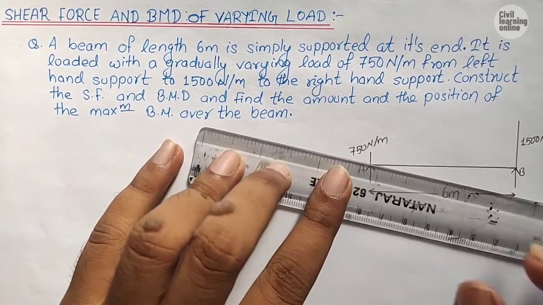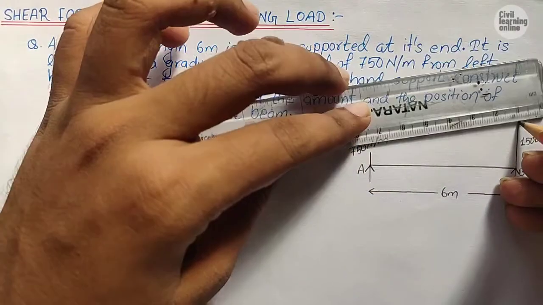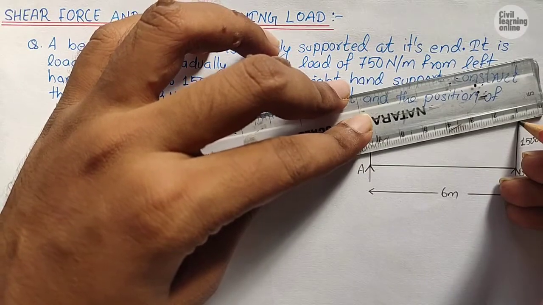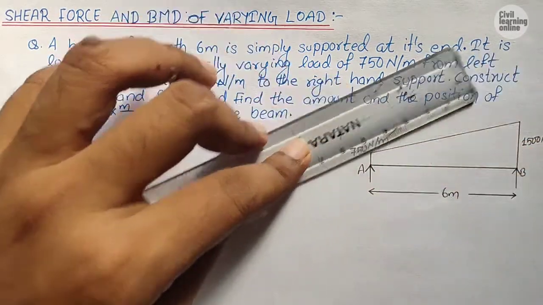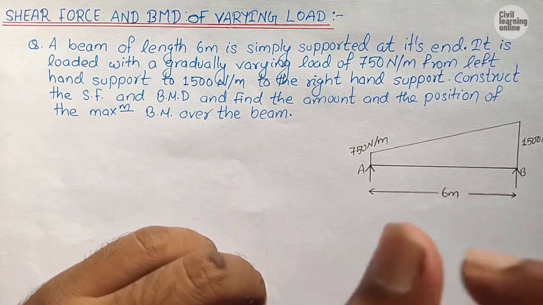Now let us join these two loads with the help of a ruler. Now guys, this is the loading as per the question.